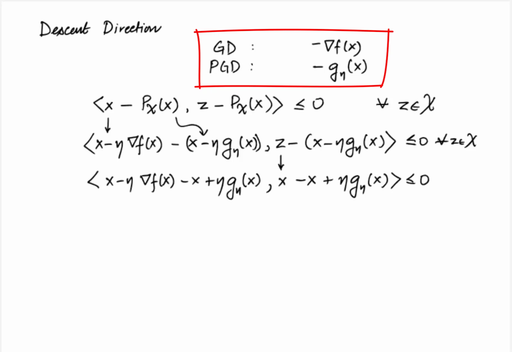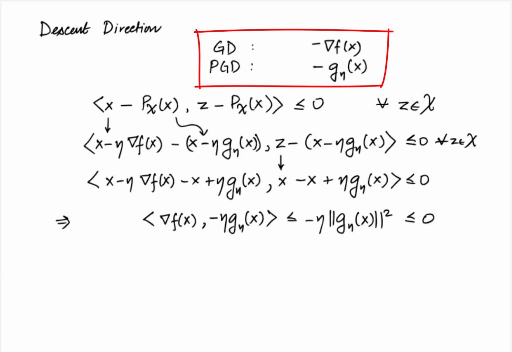Cancelling out all the common terms and then rearranging, we obtain that the inner product of gradient f(x) with minus eta G_eta(x) is less than or equal to minus eta times the norm squared of G_eta(x), which is less than or equal to 0. In other words, the negative G_eta(x) is a descent direction, since it makes an obtuse angle with gradient f(x).